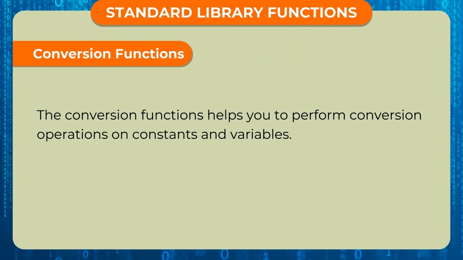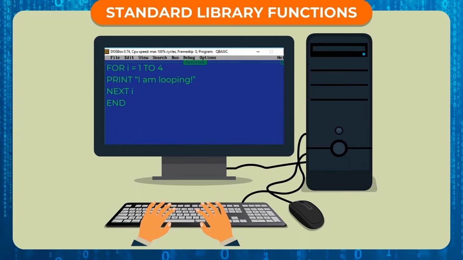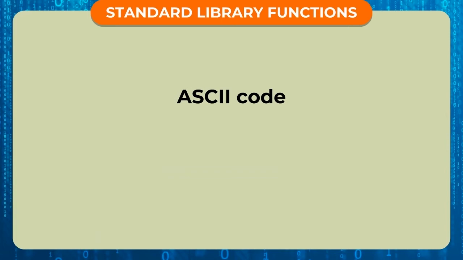Conversion functions. The conversion functions help you to perform conversion operations on constants and variables. The QBasic compiler converts all the characters which have been entered by the keyboard into a numeric code known as ASCII code.